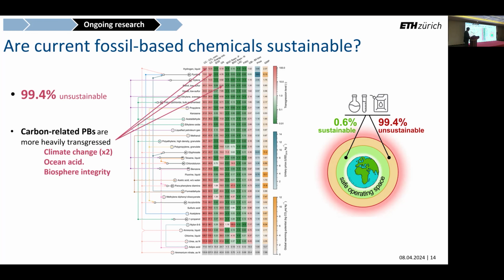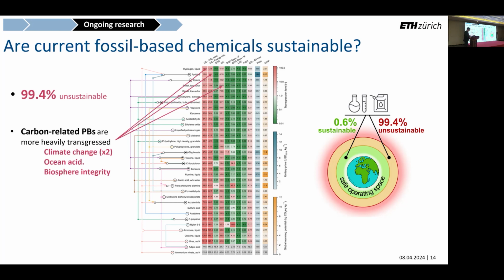The reason being that they are very sensitive to CO2 emissions, and chemicals production from fossil carbon emits large amounts of CO2. So this is clearly telling us that we have to do something in the chemical sector, because the way we operate right now is not sustainable. So we have to retrofit operations in order to stay within planetary boundaries.